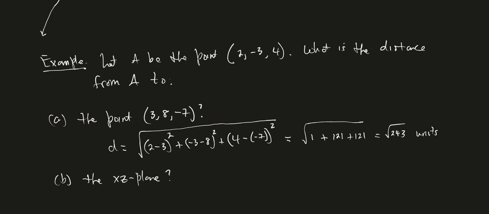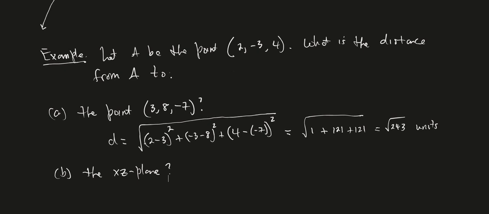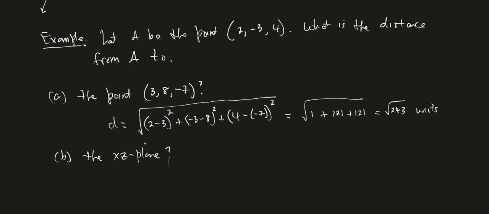Well, what we would have to do is figure out what is the closest point in the XZ plane to the point A. So let's make that observation, because once we can figure out what point in the XZ plane is closest to this point, then we can find the distance by using our distance formula. We just need to come up with that second point.